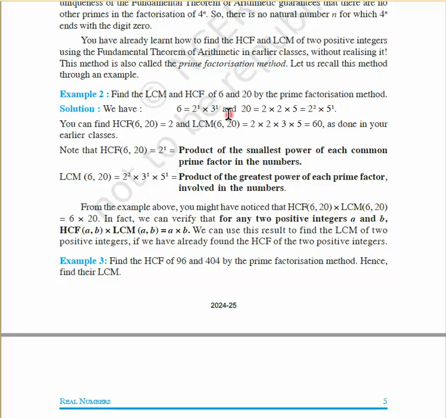Now here we have the common factor 2, right? But the highest power of this prime factor is 2 raised to power 2. So we have taken 2 raised to power 2, and other prime factors are 3 and 5. So this becomes our lowest common multiple, LCM, and this becomes highest common factor. Okay.